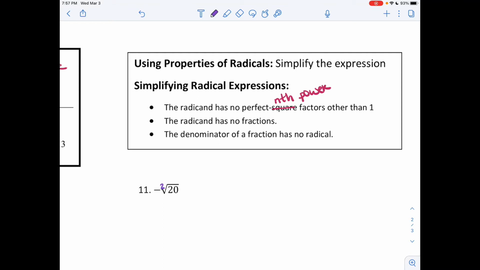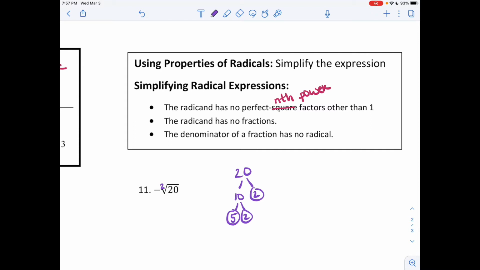And remember that in order to break this down, we need to look at a factor tree. So we're going to look at 20 and the factors of 20. So we'll have 10 and 2 is a prime number, so I can stop. 10 can be broken down into 5 and 2, both of which are prime numbers, so I can stop here.